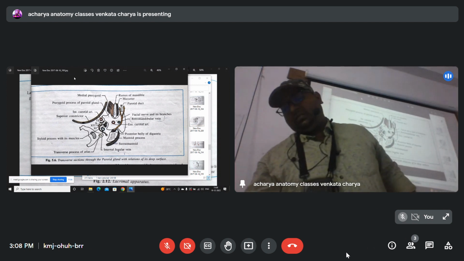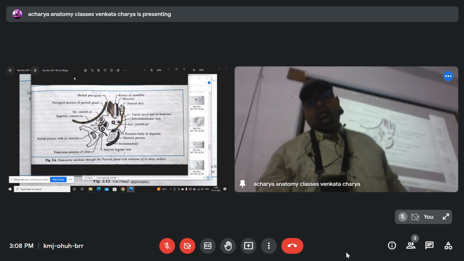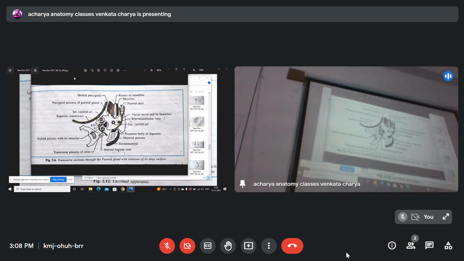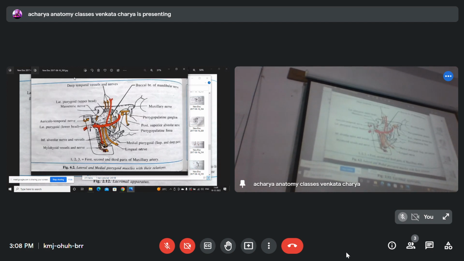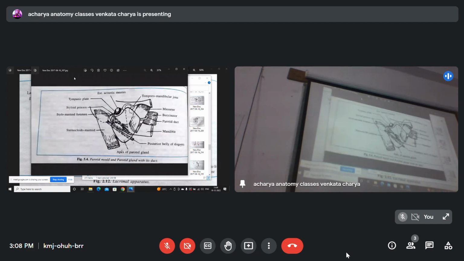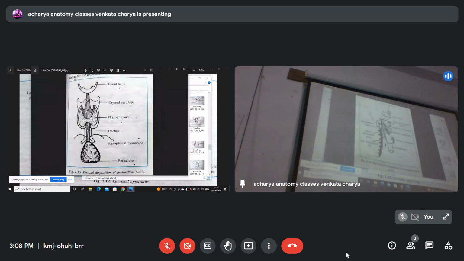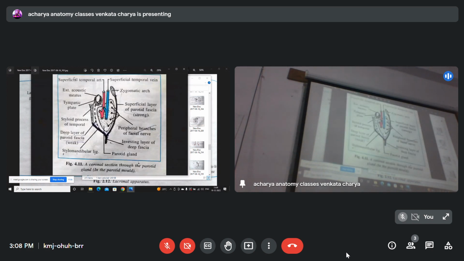So true capsule is formed by the condensation of glandular stroma.